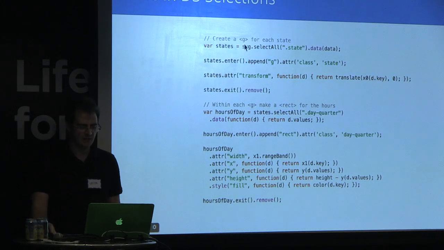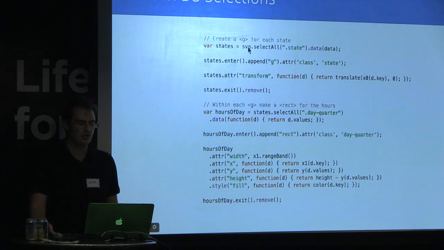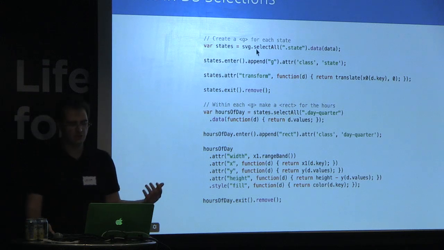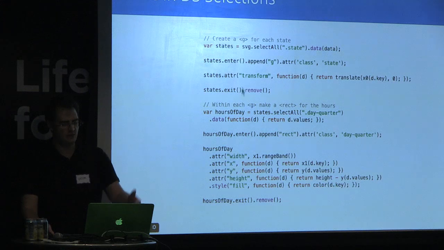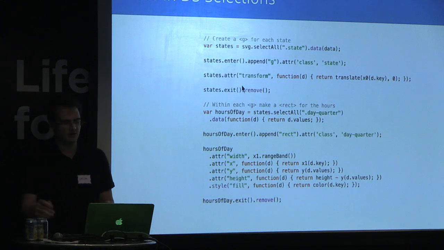Because the way D3 works is that here you have just one SVG, right? And you say, okay, select all state things in it and attach data to it, and then do this mapping voodoo that will create a state thing for each one of my data things.